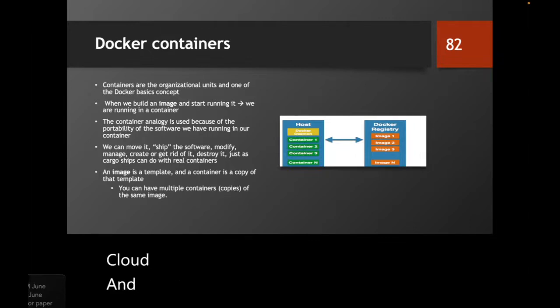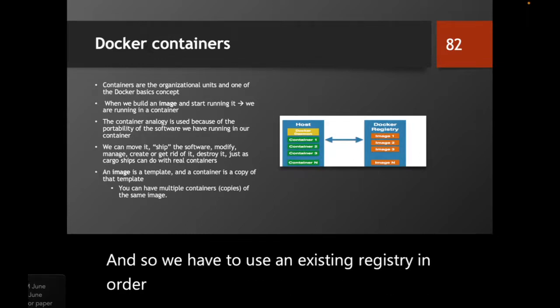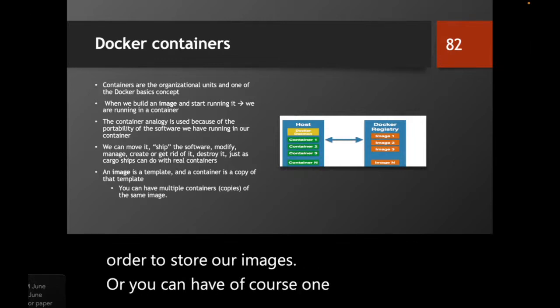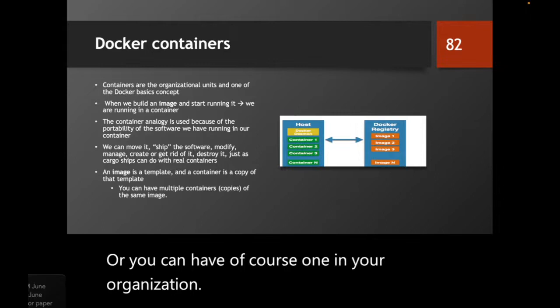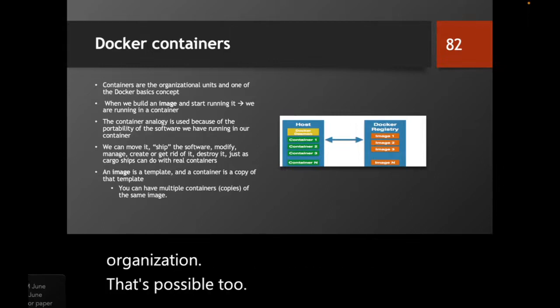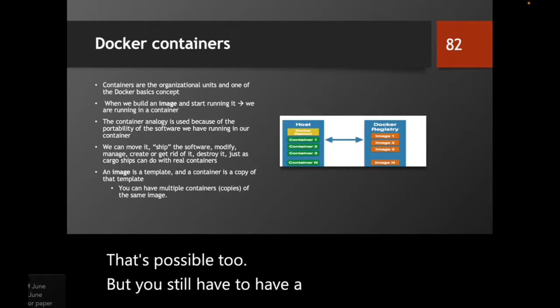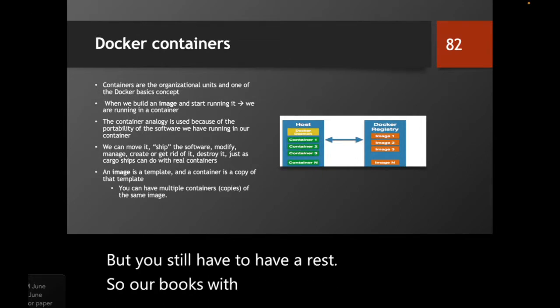Okay. And so we have to use an existing registry in order to store our images. Or you can have, of course, one in your organization. That's possible too. But you still have to have a registry, so a box with your images.